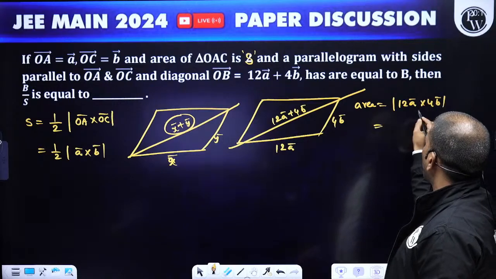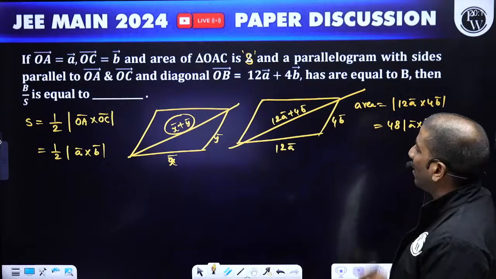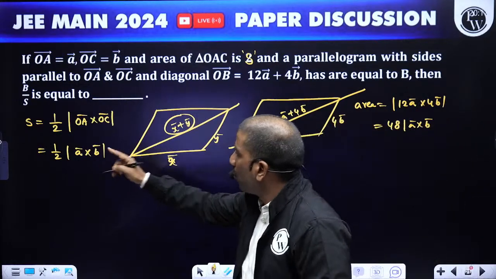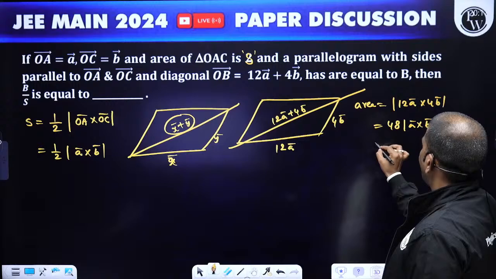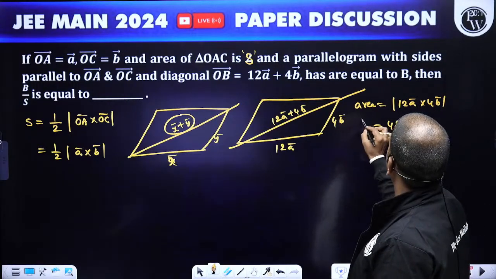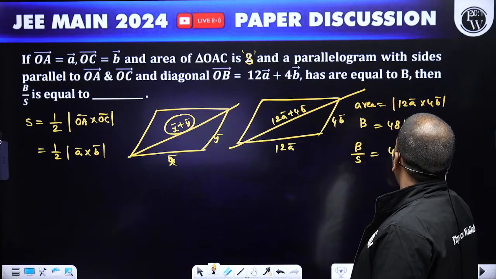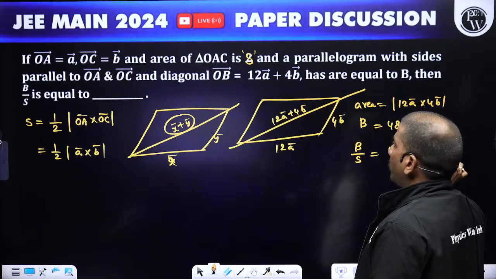So that means 48 times A cross B. So half of A cross B is S, right? So we want this, which is equal to B. So B by S is equal to 48 times 2. So it would be 96.